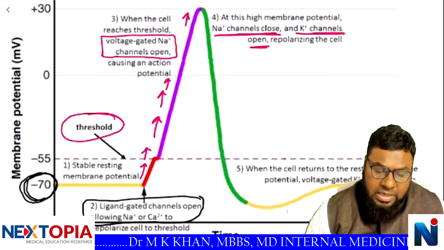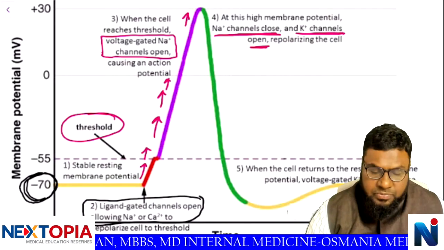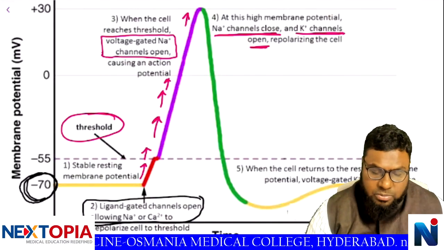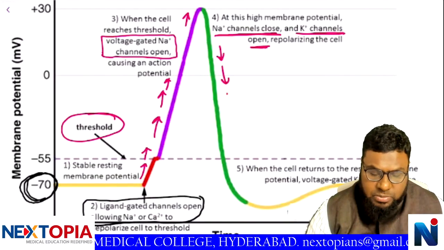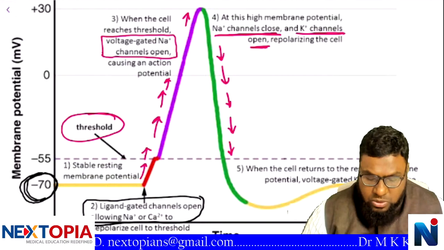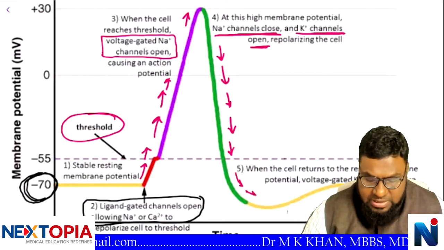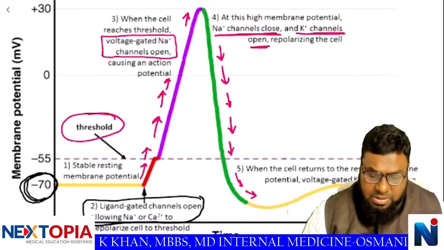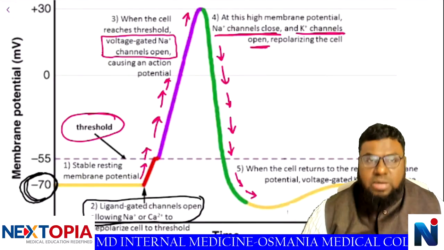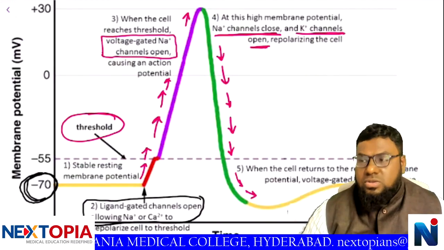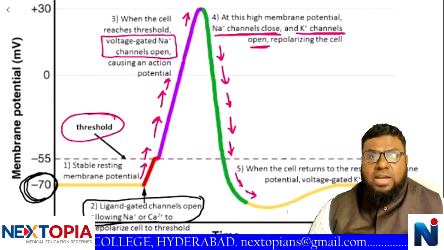So if they are open, potassium ions easily move out. Hence, if potassium ions are moving out, then the potential falls down. Falling of this potential is called repolarization. It falls down to below minus 70. And when the cell returns to the resting membrane potential, the voltage gated potassium channels also close. So the resting membrane potential is back to normal.